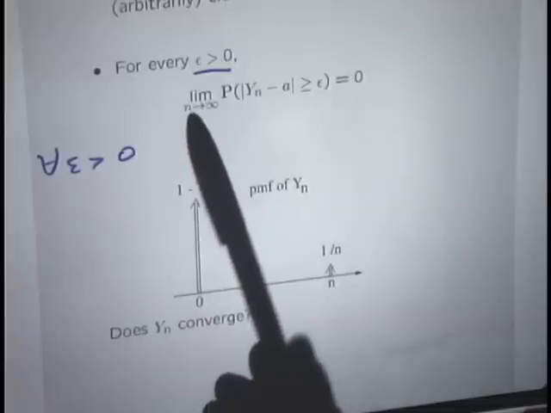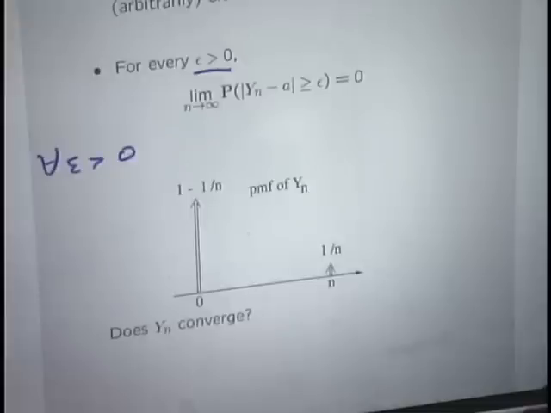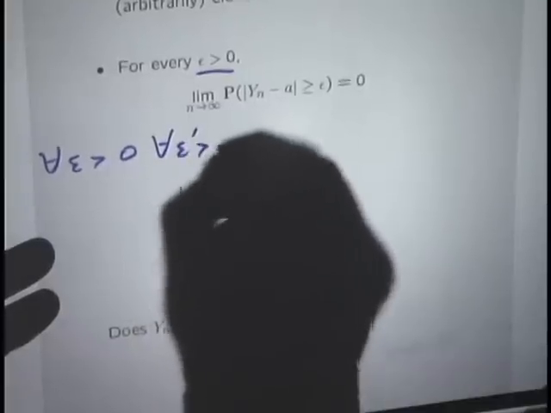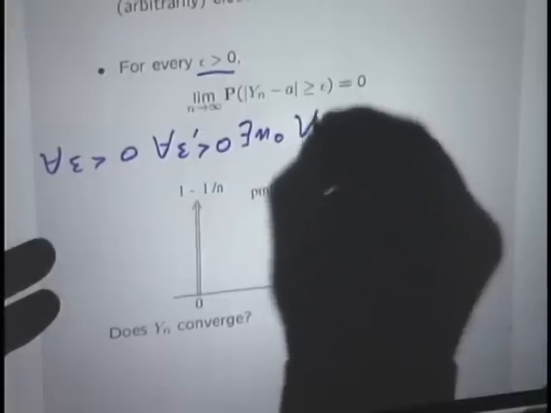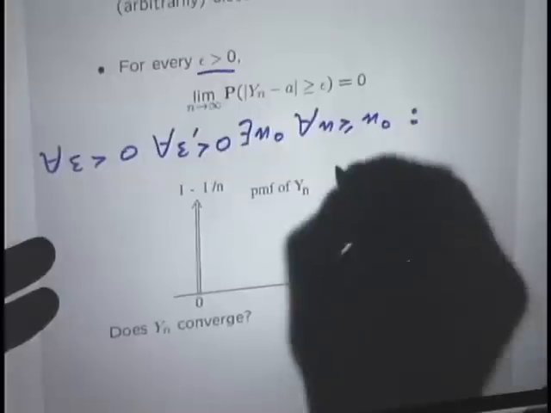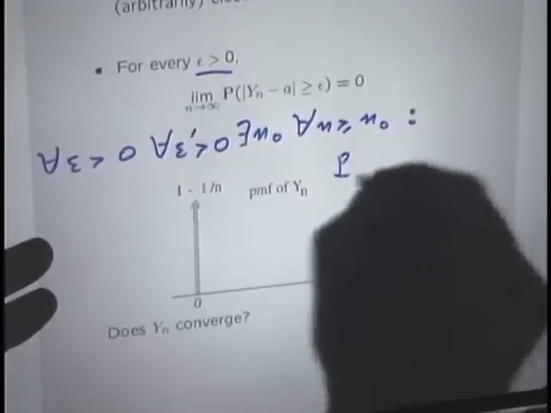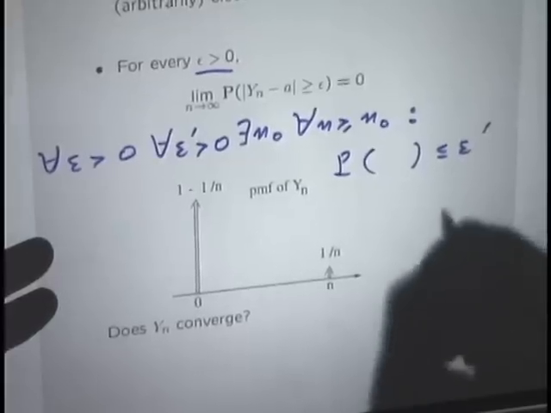So here we're talking about a sequence of numbers converging to 0. What does it mean for a sequence of numbers to converge to 0? It means that for any epsilon prime positive, there exists some n0 such that for every n bigger than n0, the following is true, that this probability is less than or equal to epsilon prime.